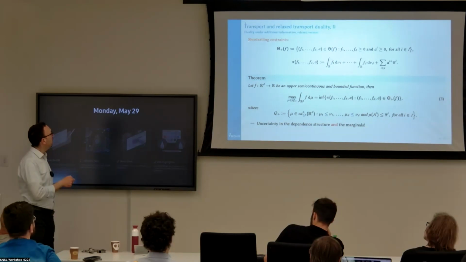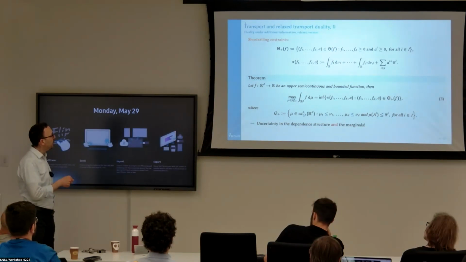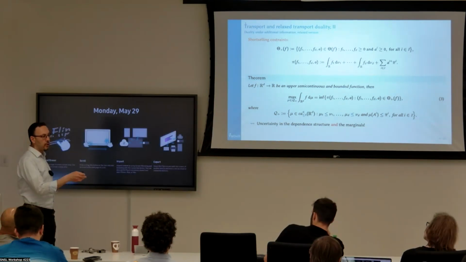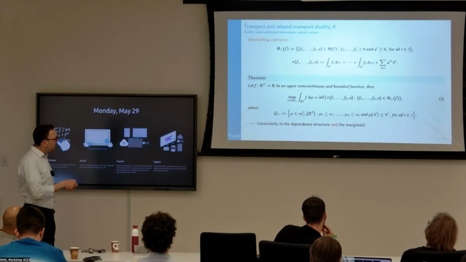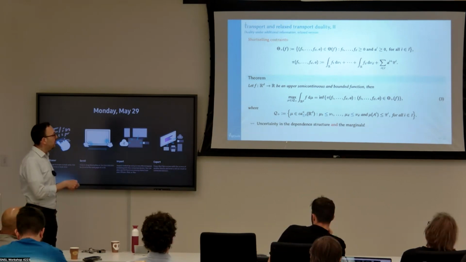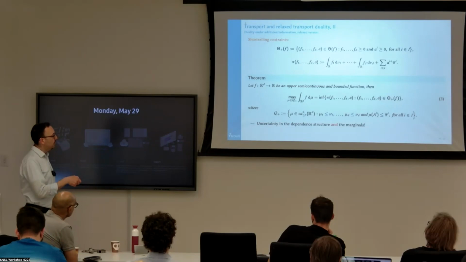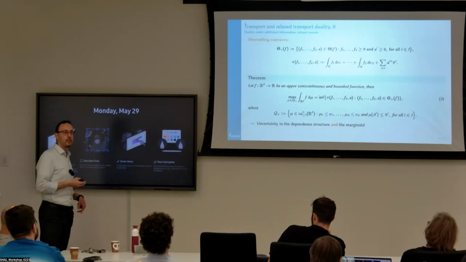So you can say that I want to include the short selling constraints on this side. So I only take long positions, I never take short positions. And you get results which are more or less analogous, where you can assume on the side of the marginals that you don't know exactly the marginals, but you have some sort of an upper bound on the marginals.